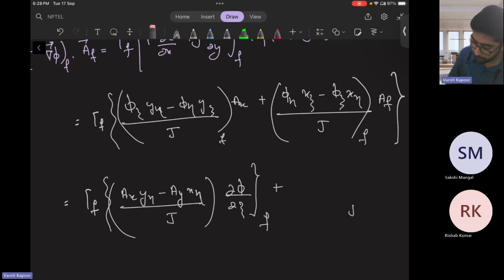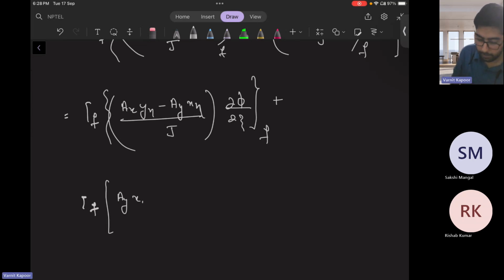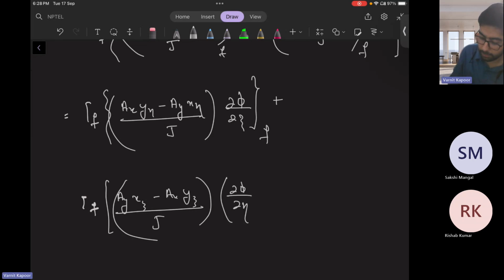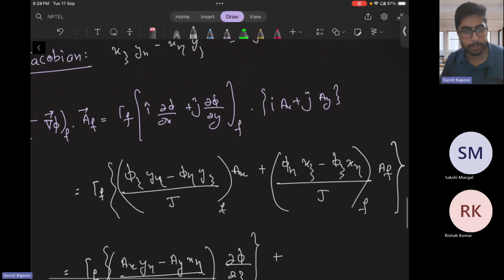Let me write it next time. This gamma f, AY X zeta minus AX Y zeta over Jacobian into dou phi by dou eta of that particular phase. So this is the sum of this. Right in here, no problem. Pretty simple.